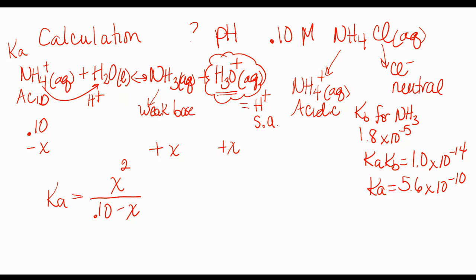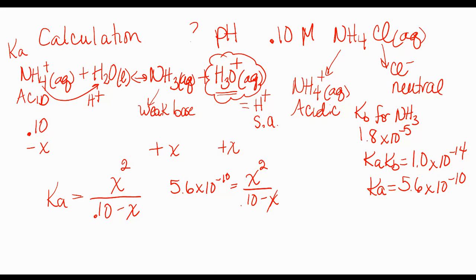And we would plug that number into here. So we could say 5.6 times 10 to the negative 10 equals x squared over 0.10 minus x. X is very, very small because the Ka is super small.